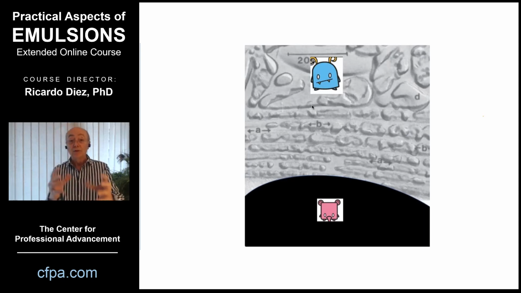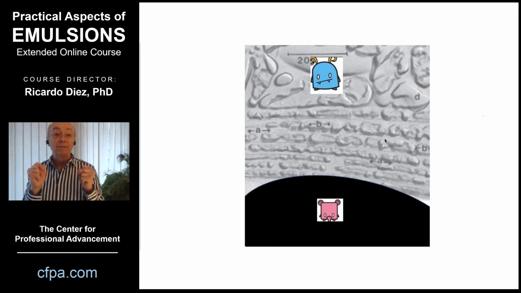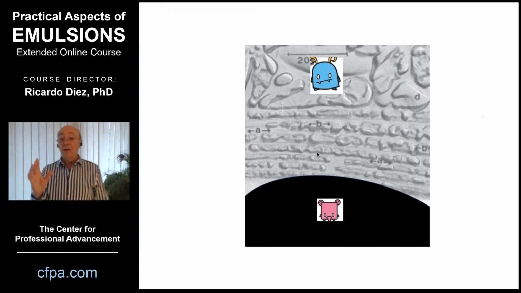So when you apply this emulsion on the skin and you want to deliver the active, what is going to happen is that all those crystalline structures are the ones that are going to give you the original sensoriality. But once the emulsion is applied on the skin and is broken, the question is, how are these actives going to move through the residue left on the skin? Because if you don't release them, the activity of the active may not be there. So this is what this is going to be about.